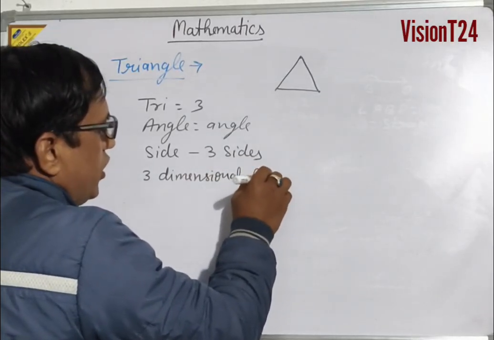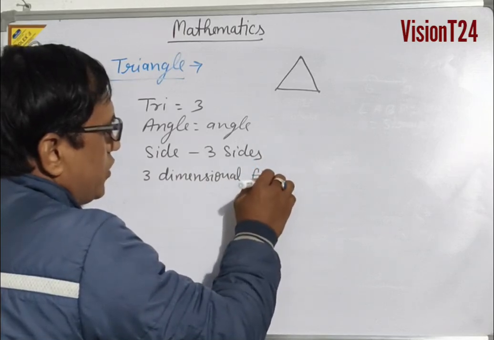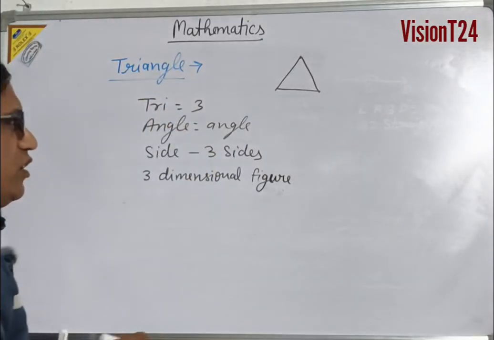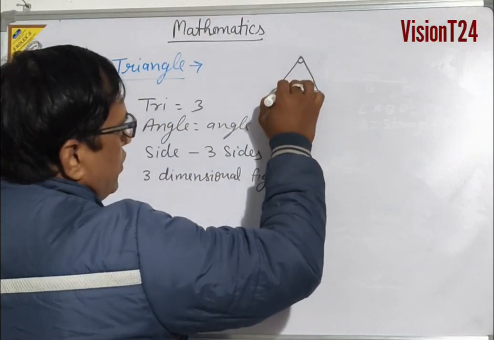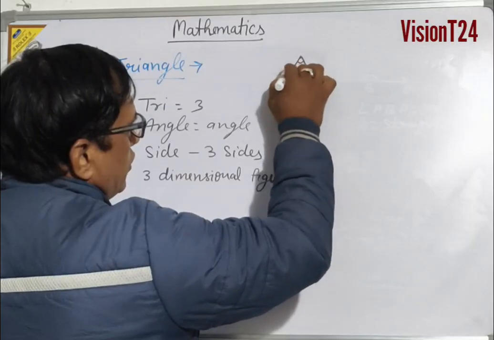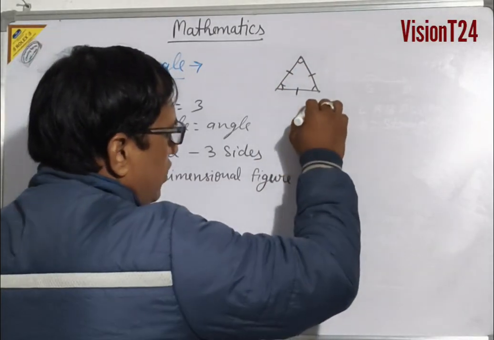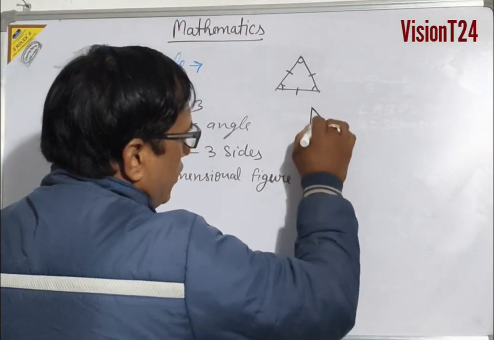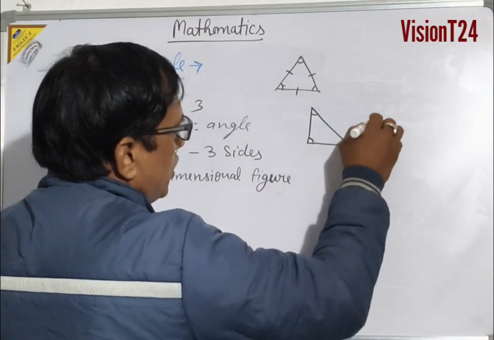It means there will be three dimensions, and the sides will meet at some point. So these are the three angles and these are the three sides. So such type of shape will be called triangle. It can be of any shape.